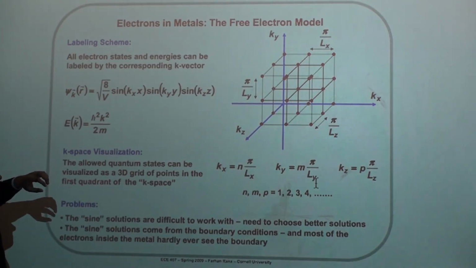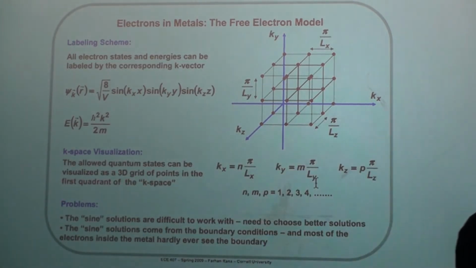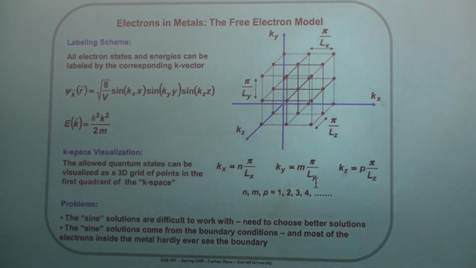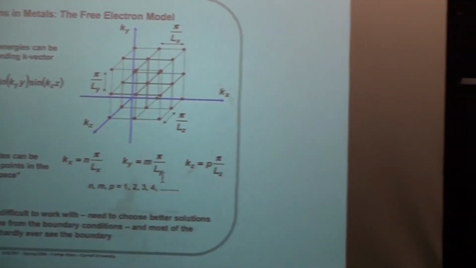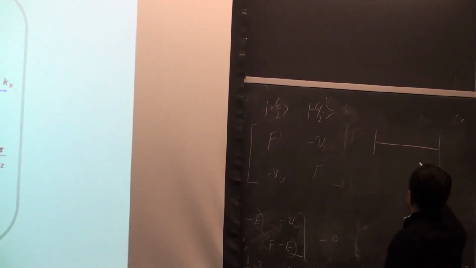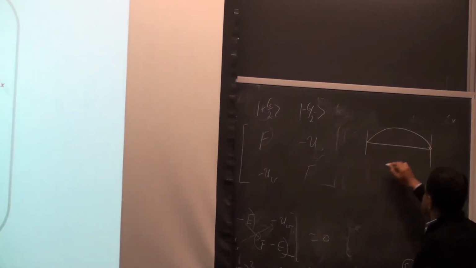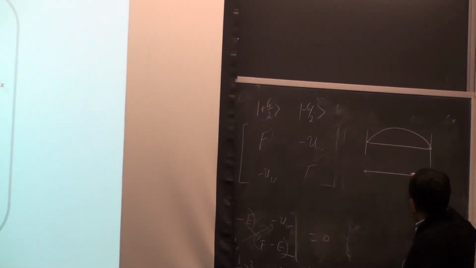Or in other words, the wave has to exactly fit in the box, and it can have no tails outside of the box that you put it in. So if I'm choosing length L, just a 1D problem, then the wave function must be zero at the two ends.